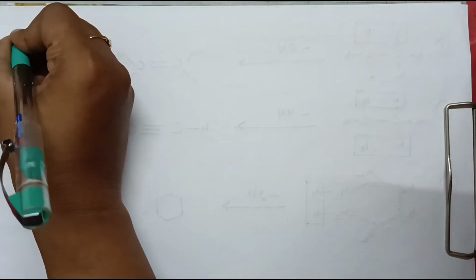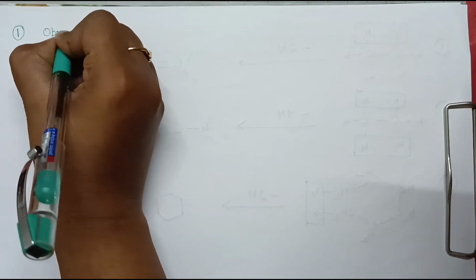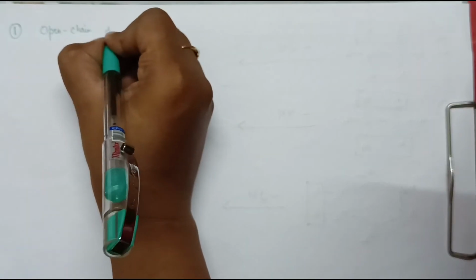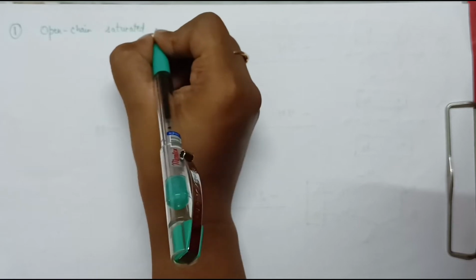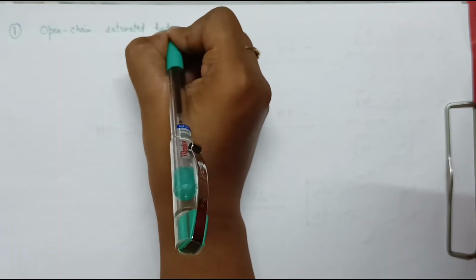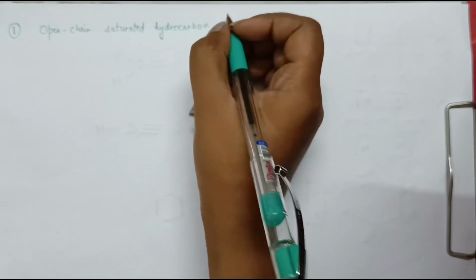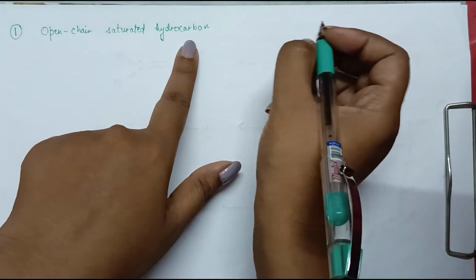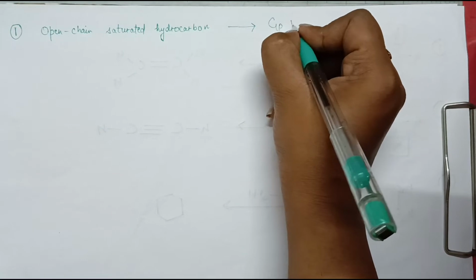So rule number 1 is when we have an open chain saturated hydrocarbon and we want to change it to a formula having group 5 elements.